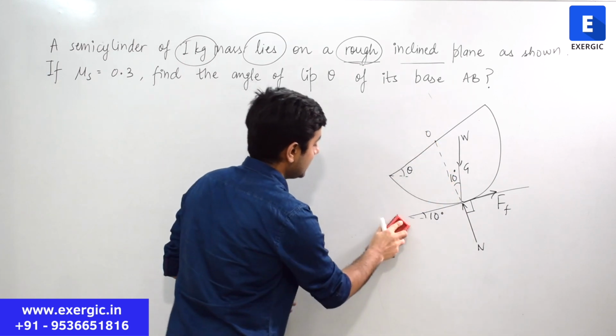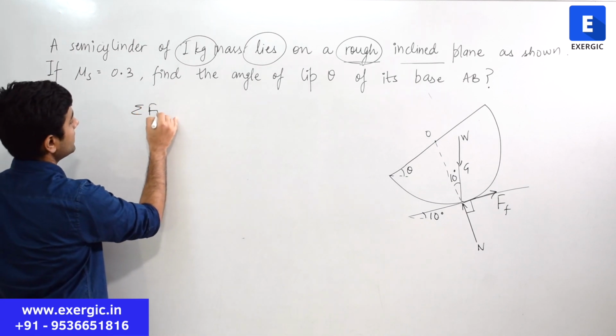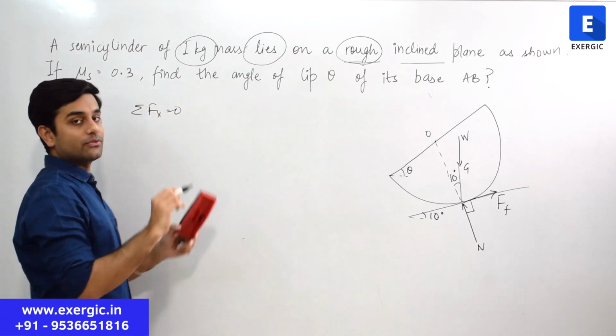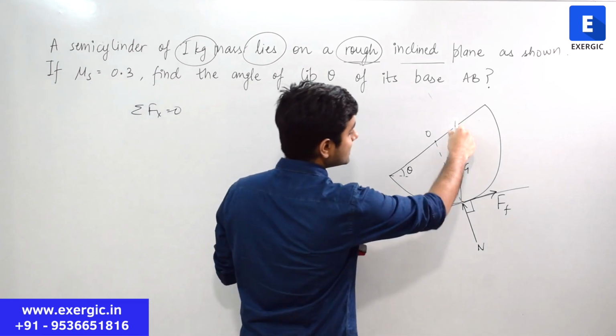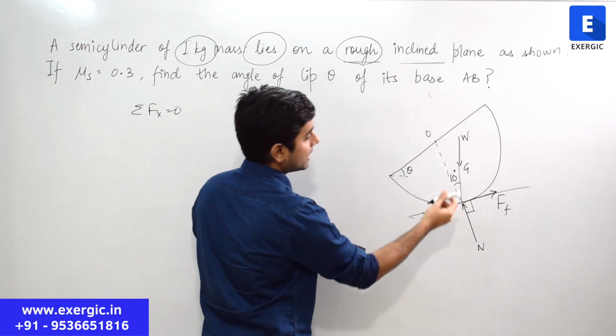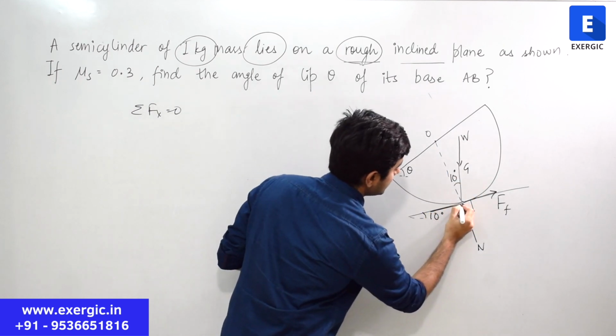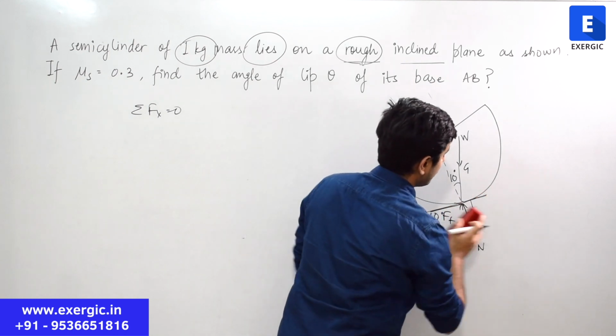Okay, and considering those axes, if we apply summation Fx equal to 0, what forces will get balanced? This W will be having a component in this direction, right? Let me show F here, it will be easier for you to analyze.